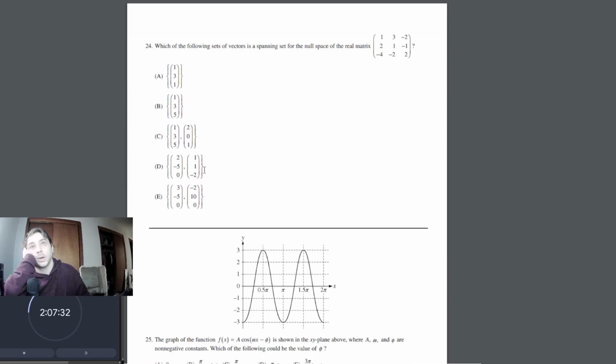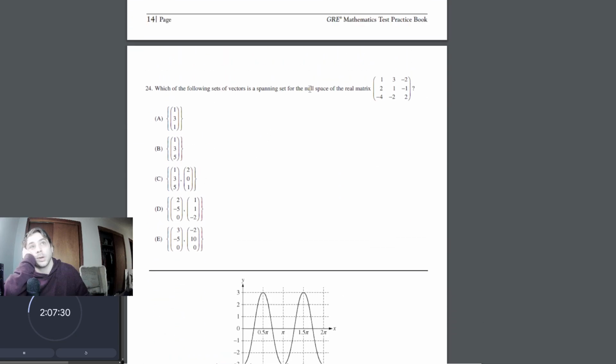Okay. I wish I could remember how to do this exactly.